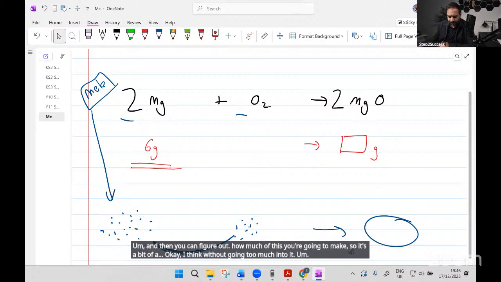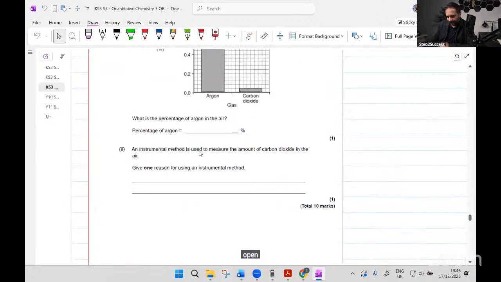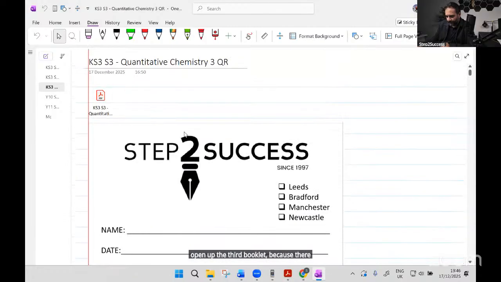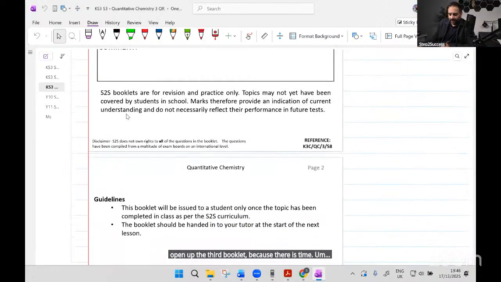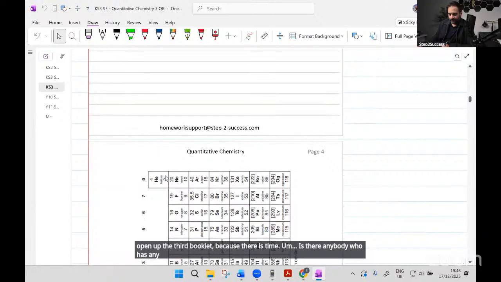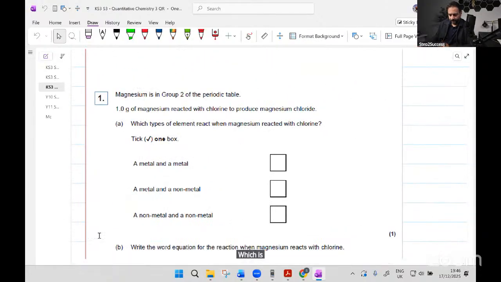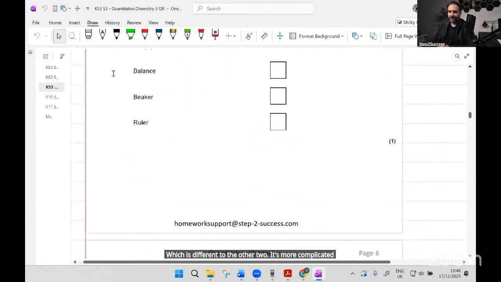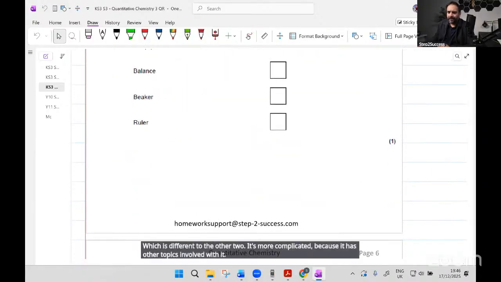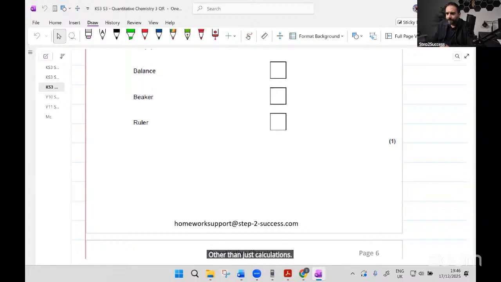Right, I will just open up the third booklet because there is time. Is there anybody who has any specific questions from the third booklet, which is different to the other two? It's more complicated because it has other topics involved with it other than just calculations. I should open it up, shouldn't I?